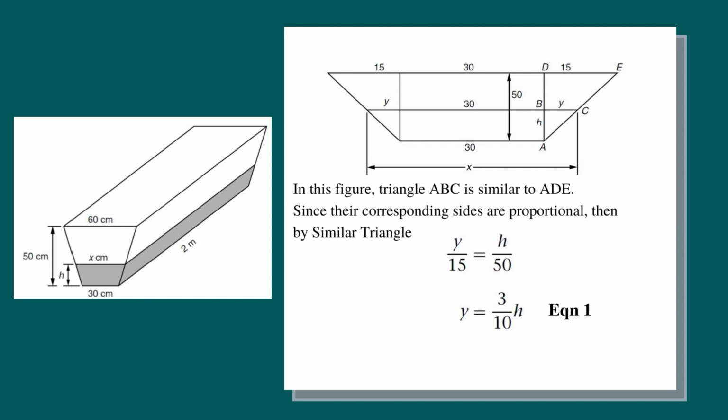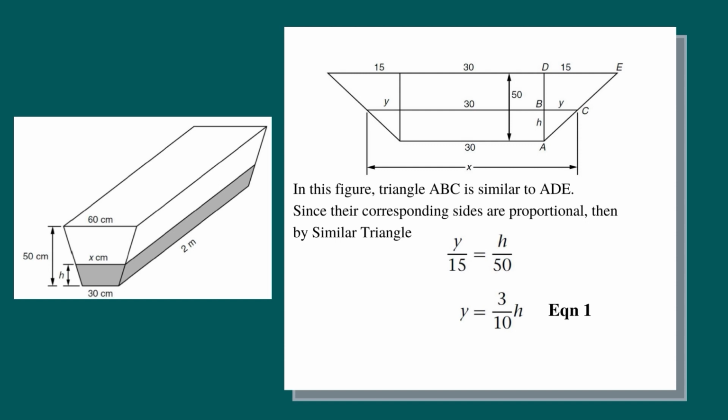So again, the ratio between the adjacent sides of triangle ABC to triangle ADE is equal to the ratio of the opposite sides of triangle ABC to triangle ADE.